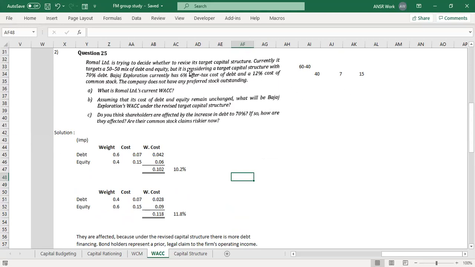The sentence that says it is considering a target capital structure with 70%, I have changed that to 40%. Okay, got it. So it just inverses, right? Debt and equity were 0.6 and 0.4. Now it is 0.4 and 0.6. That's all. Absolutely, yes.